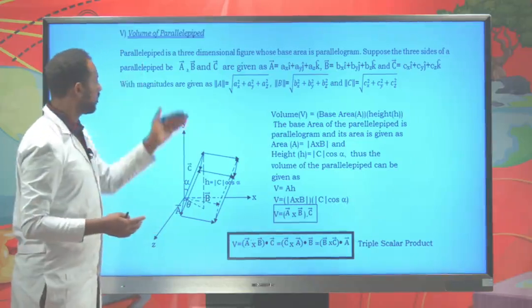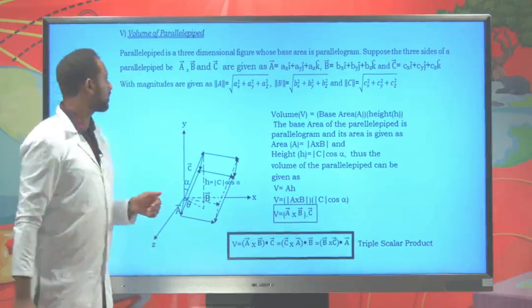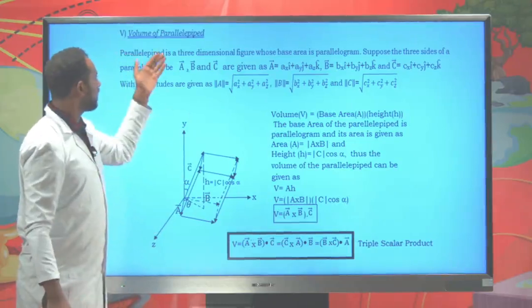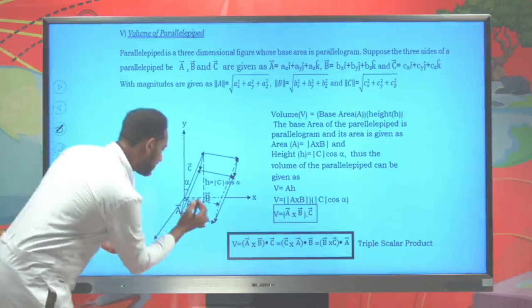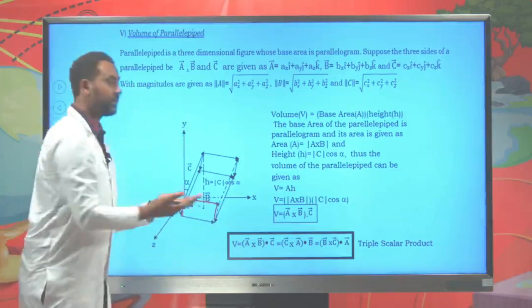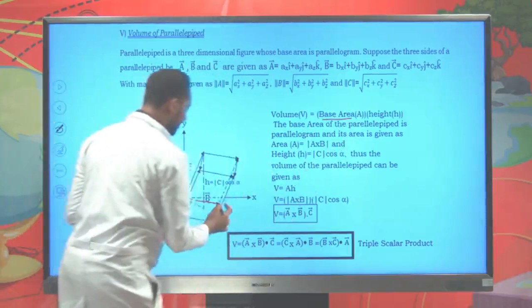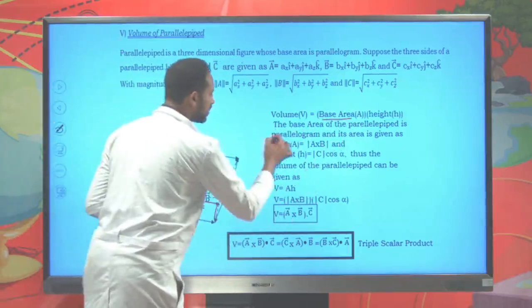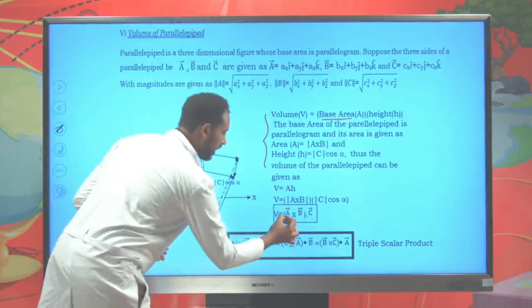The volume of a parallelepiped can be determined using a vector product, and a parallelepiped is actually a figure whose base is a parallelogram. Here you have a base and its base is a parallelogram. Therefore, volume is base area times height, and it's possible to use a mathematical approach for that.